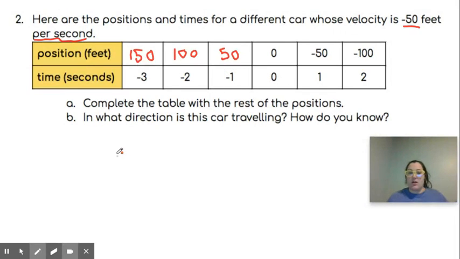So let's look here. Negative 1 times negative 50 we said is positive 50. So negative 1 times negative 50 equals a positive 50. Okay. See if we notice a pattern in this.